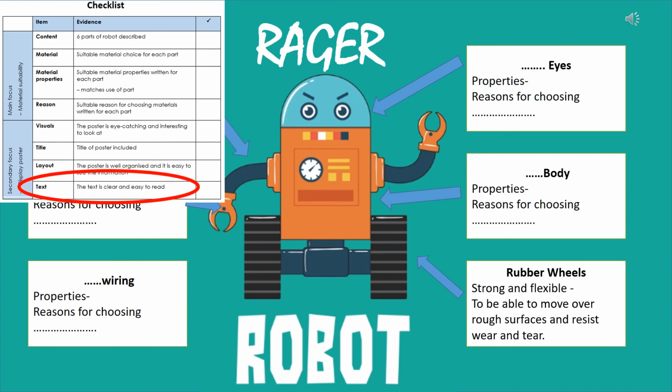As you can see from my rubber wheels box, what I've done is the rubber wheels has been made a little bit bold, a little bit darker, so you can see it's like a subheading of the box. And then I've typed underneath strong and flexible with a little dash, so you can see that this is a focus, and then I've put my reasoning underneath. So it's all nice and easy and clear to read. Check.